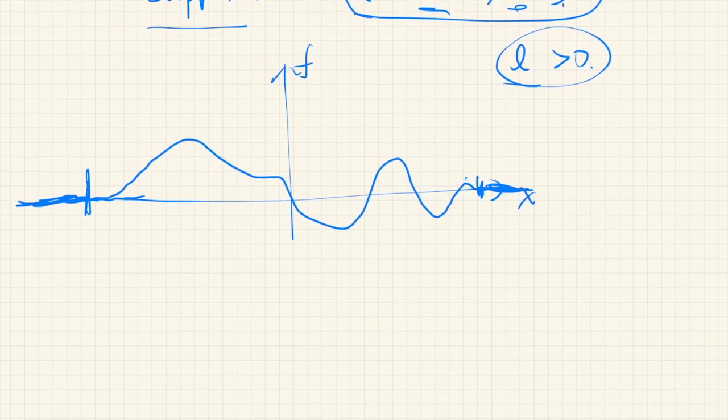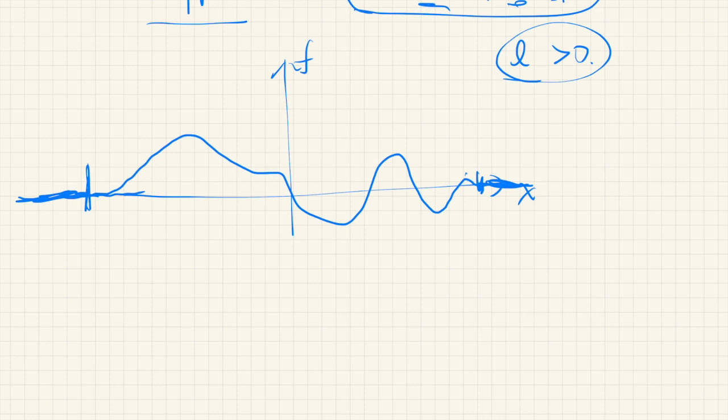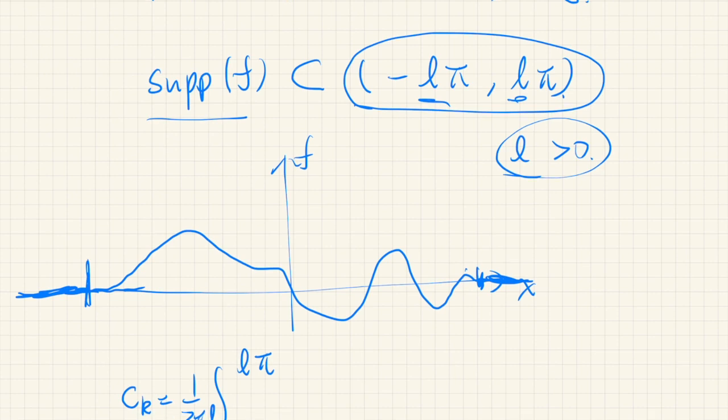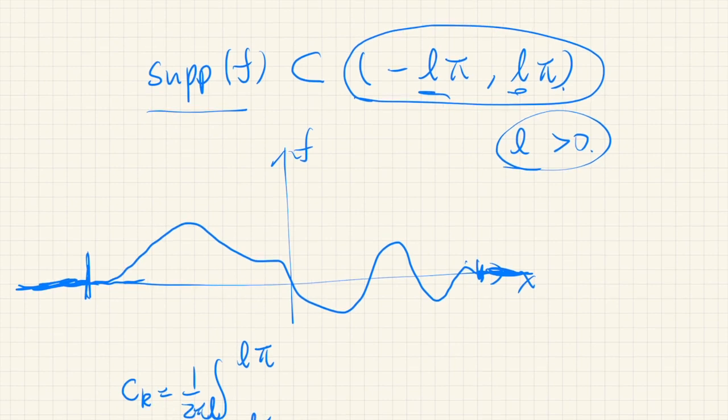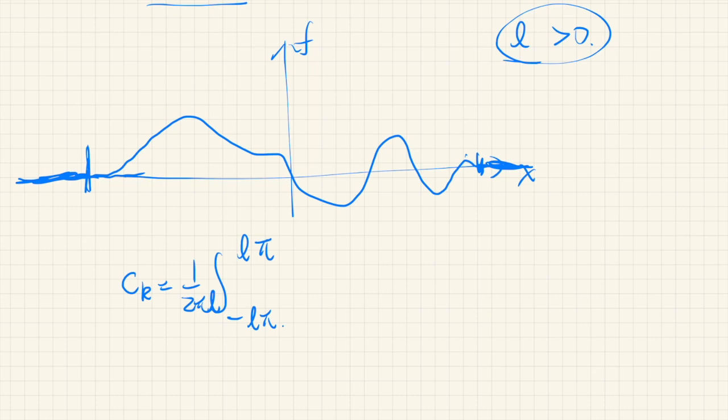Now let's calculate the Fourier coefficient of such a function. So c_k is 1 over 2 pi L, integrated from negative L pi to L pi. Just pretend this function to be a periodic function with a period of 2 pi L. So we integrate from negative L pi to positive L pi and multiply f of x with exponential of negative ikx over L dx.